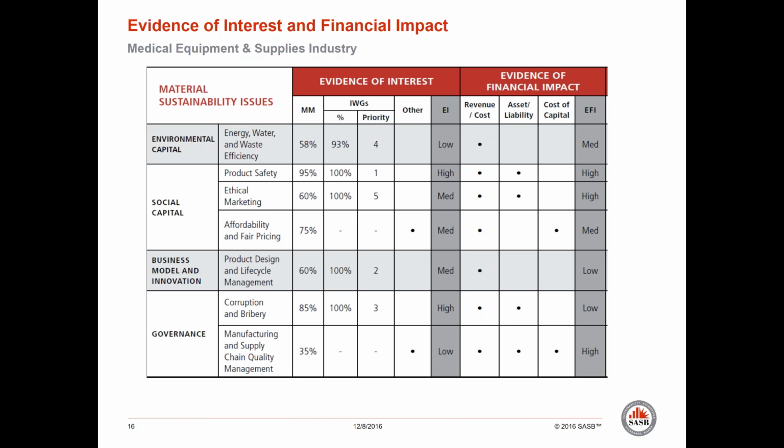And so we look specifically at revenue, cost, asset, liability, and cost of capital. And then we also tried to determine if there was a high impact across those areas, medium or low as well.